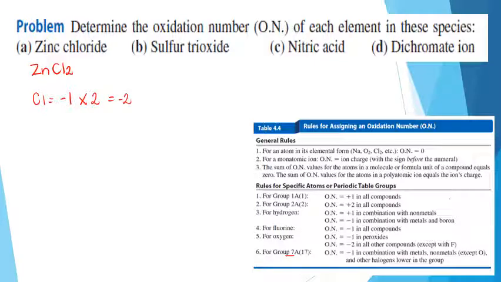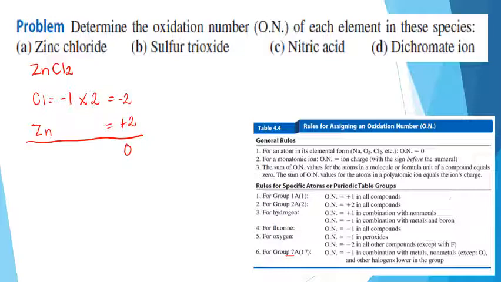Since the molecule is neutral, its overall charge is equal to 0, so the charge of our zinc should be +2 in order to have a neutral zinc chloride molecule. So that is how you determine the oxidation number.